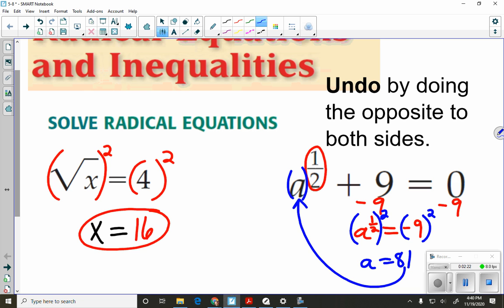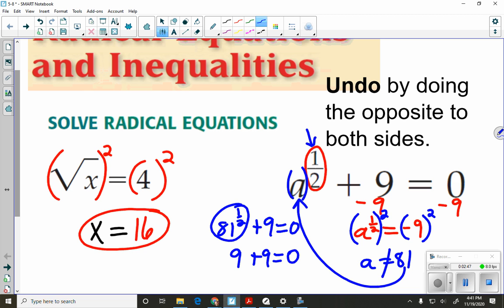Well, remember that this here was a square root, so if I write it as 81 to the 1/2, or square root of that, plus 9, will it end up equaling 0? We know that 81 to the 1/2, the square root of 81, is just a 9, so does 9 plus 9 equal 0? And then you're thinking, yeah, oh wait, no, it doesn't. So that means this is not a solution, and it's called an extraneous solution.